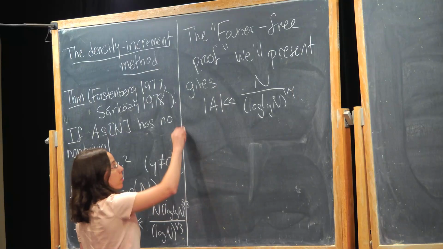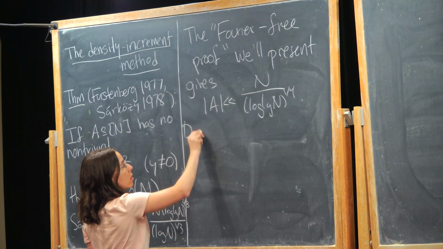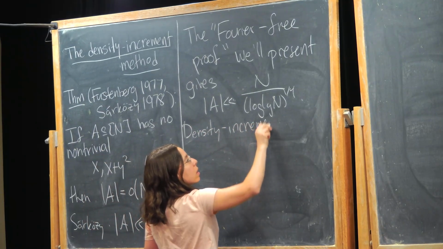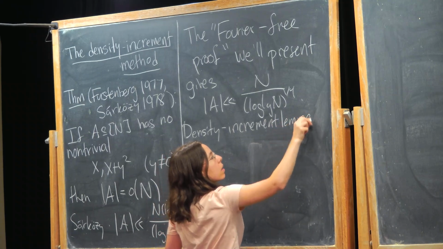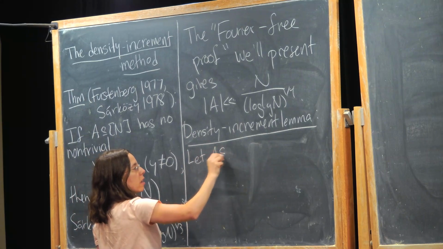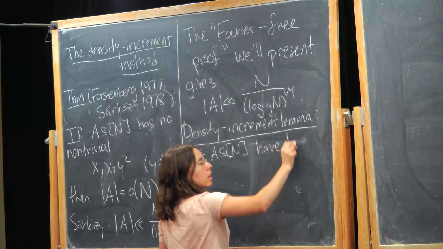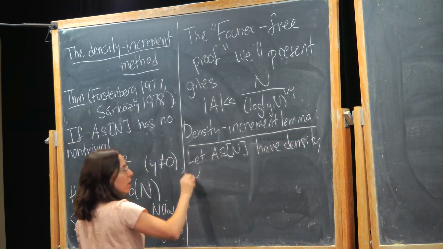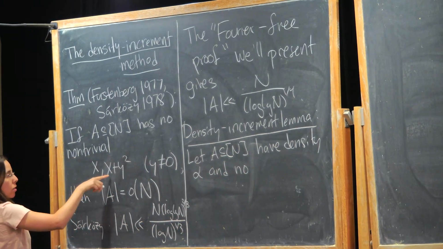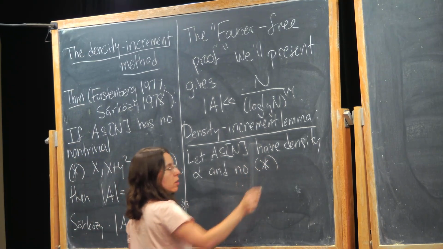So what we'll precisely prove in this situation is: okay, so let's say that A is a subset of the first n integers that has density alpha and no copies of the configuration x, x plus y squared, which let's call star, some non-trivial square differences.